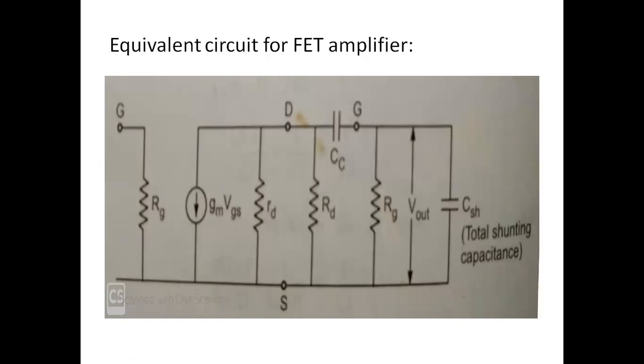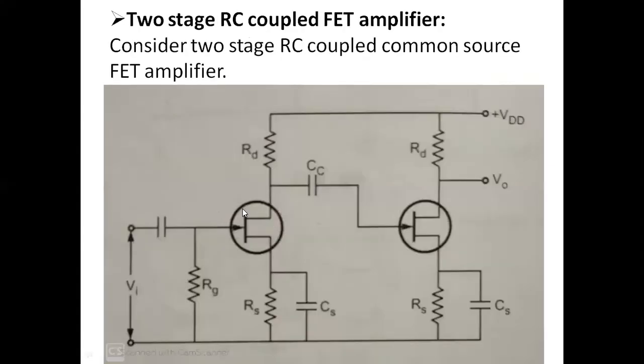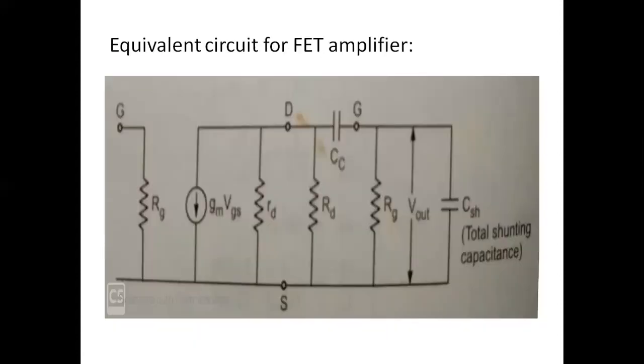If you draw the equivalent circuit of the first stage, that is the output of the first stage, here we are taking a FET transistor. For the FET transistor, at the output we have two components: one is gmVgs, another one is RD. This is the output section.